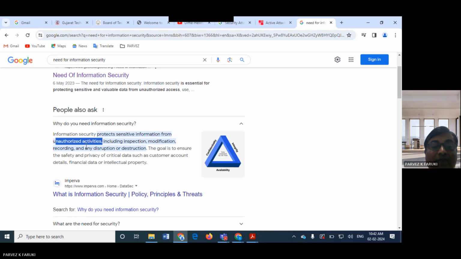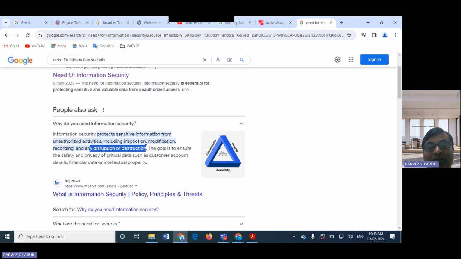So when I am able to protect sensitive information from unauthorized activities like viewing, unauthorized modification, unauthorized recording, or any other disruption or destruction, then I would say that as a service provider, as a server, Bob has been successful in ensuring the security and privacy of his client.